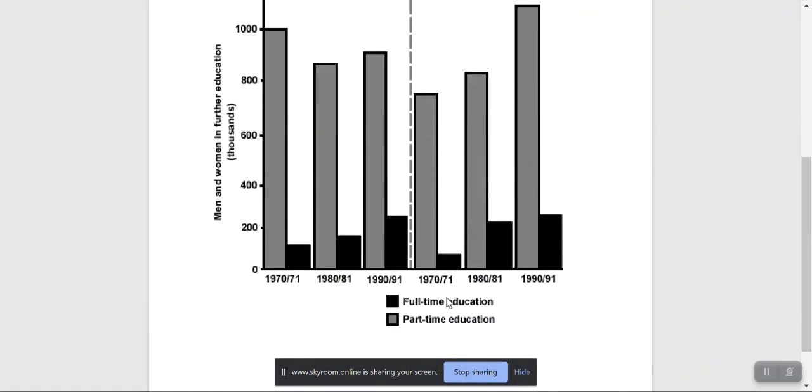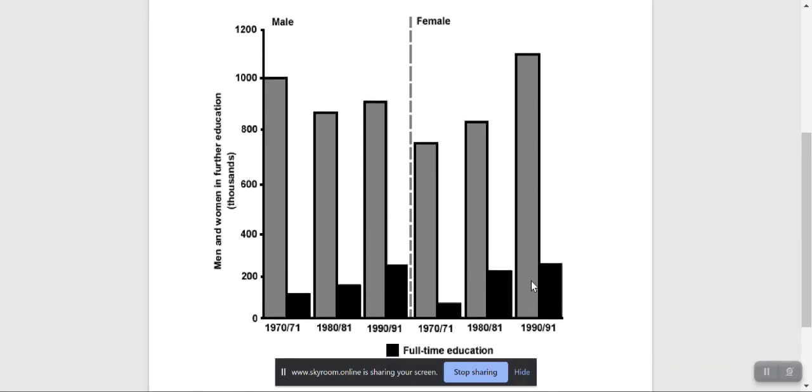Look, full-time education is full black. Part-time education is gray. 3 different periods: 1970, 1980, 1990. Men and women in further education, in thousands: 200, 400, 600, 800, 1000, 1020.